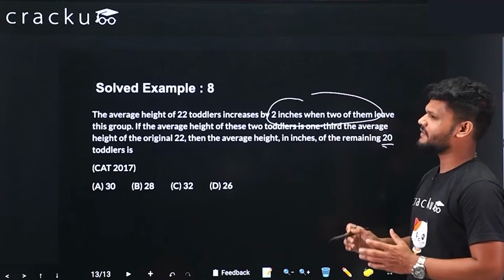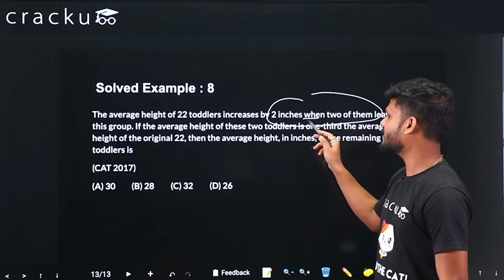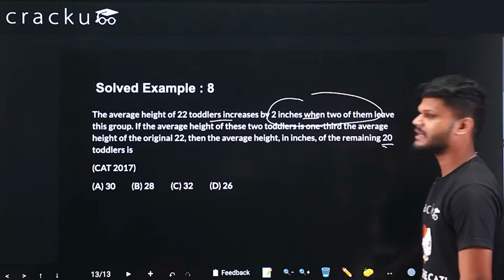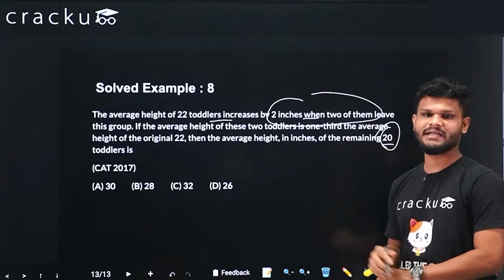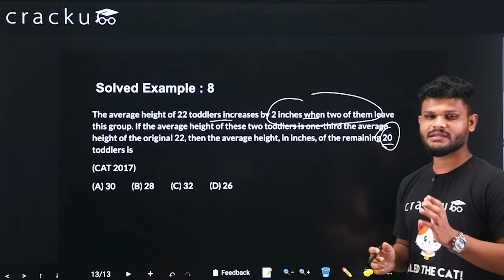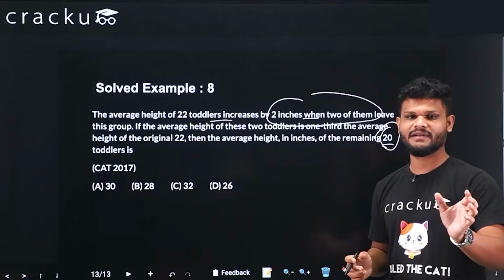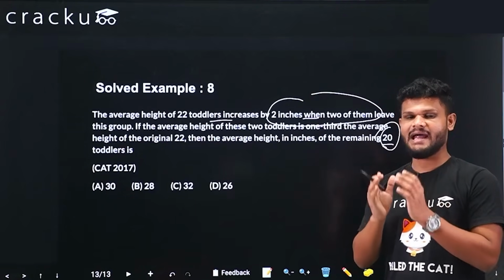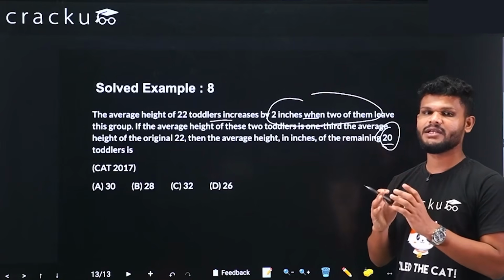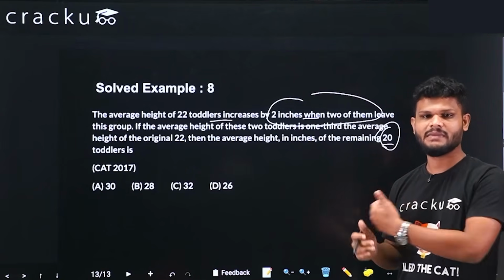So instead of understanding it as these 2 toddlers leaving, let us understand that 2 toddlers are joining these 20 toddlers. So 20 toddlers have some average height, 2 toddlers have some average height, and combining them the 22 toddlers will have some average height.